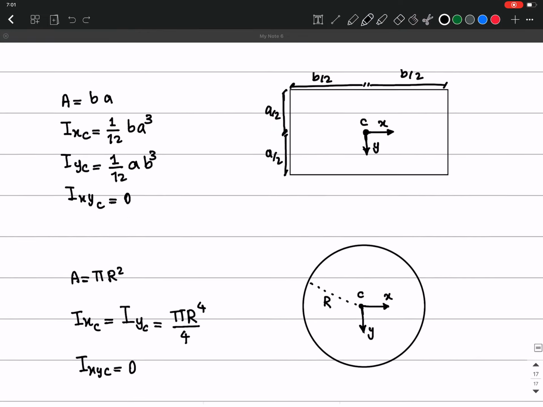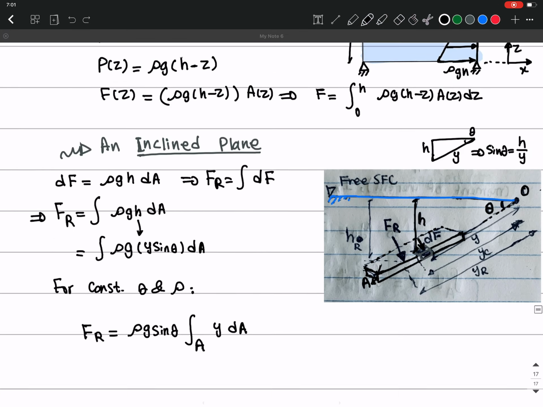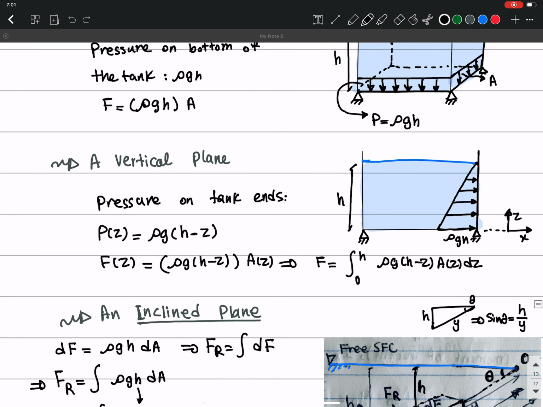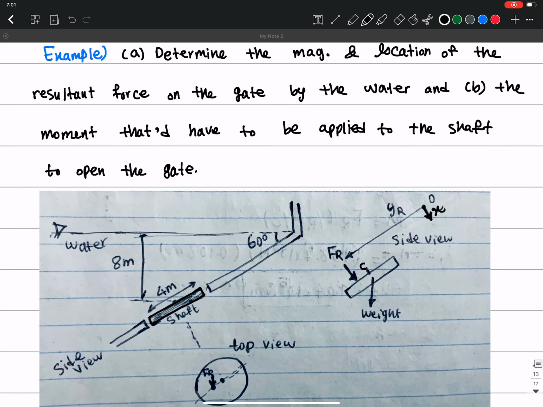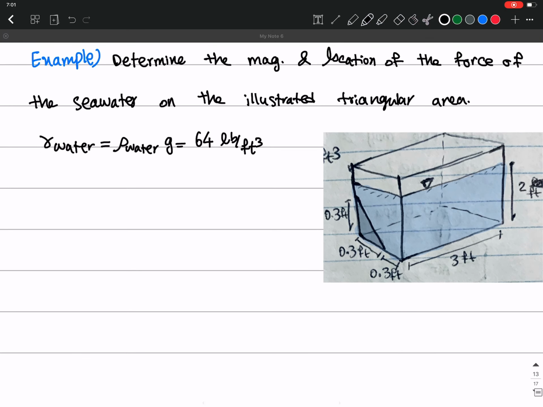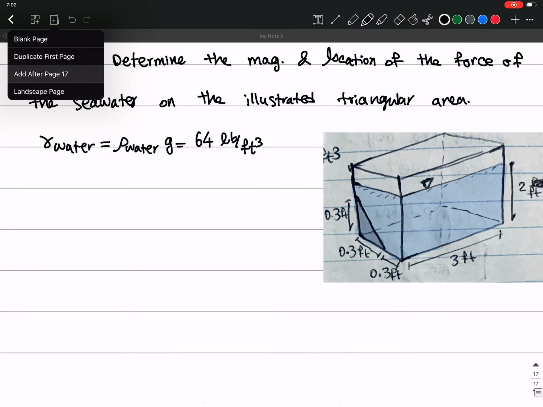So for a vertical plane, we had this formula here, okay? So for the magnitude and the location, we can still use the same formula.